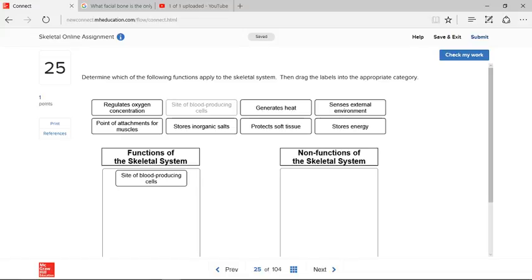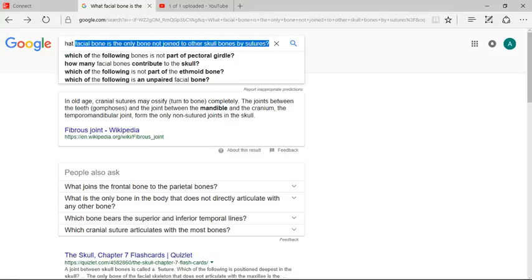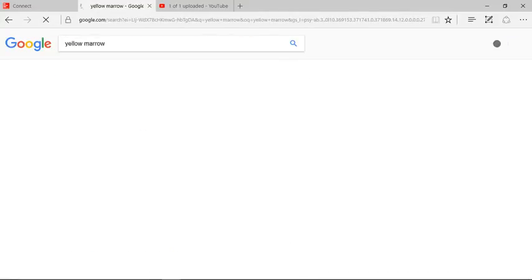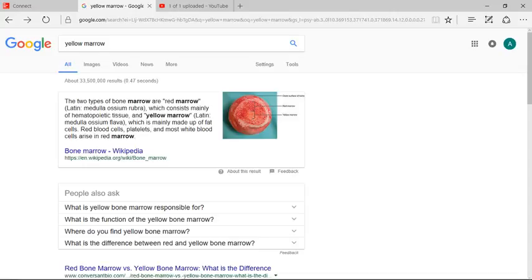Oh, don't let me forget. In the diaphysis, the shaft of the bone, is yellow marrow. And what is red? I forgot what this one is. Blood cells. Okay.